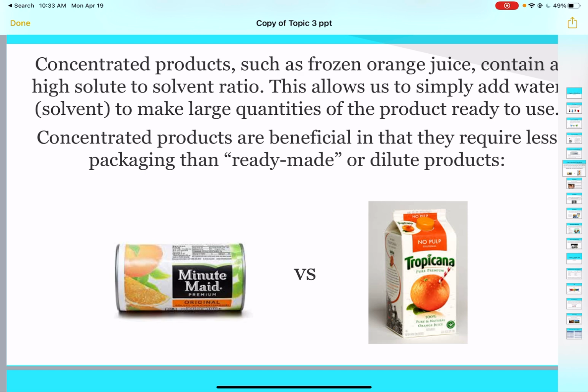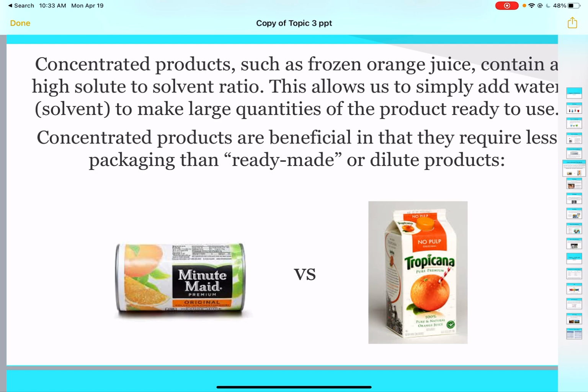They did this with laundry detergent, probably not in your lifetime, but back when I was younger, you had to use a lot more laundry detergent than you do nowadays, basically because there was a lot more water in it. So they realized, why are we wasting our money by shipping water? So they took more water out.